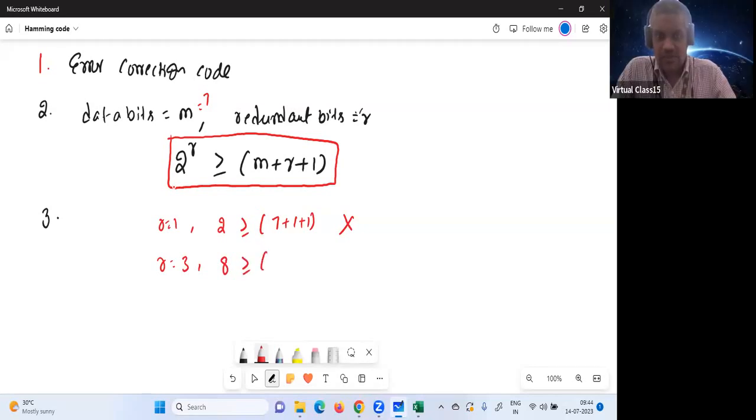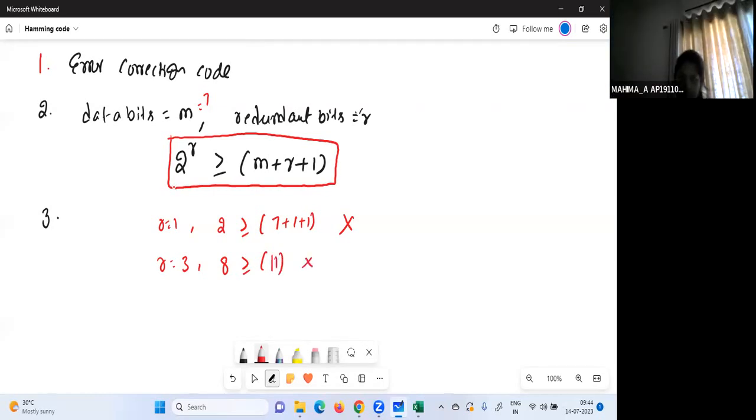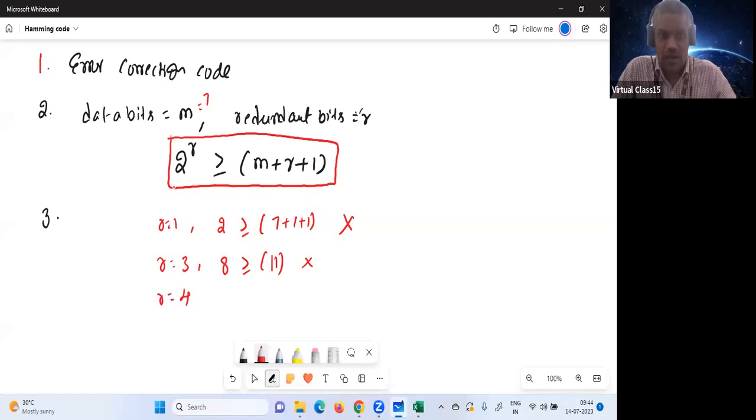11. This is also wrong, right? r equal to 4. 2 power 4, 16. 16 is greater than or equal to 7 plus 4, 11, plus 1, 12. I hope you understood, right? So here r equal to 4, this inequality is satisfied.